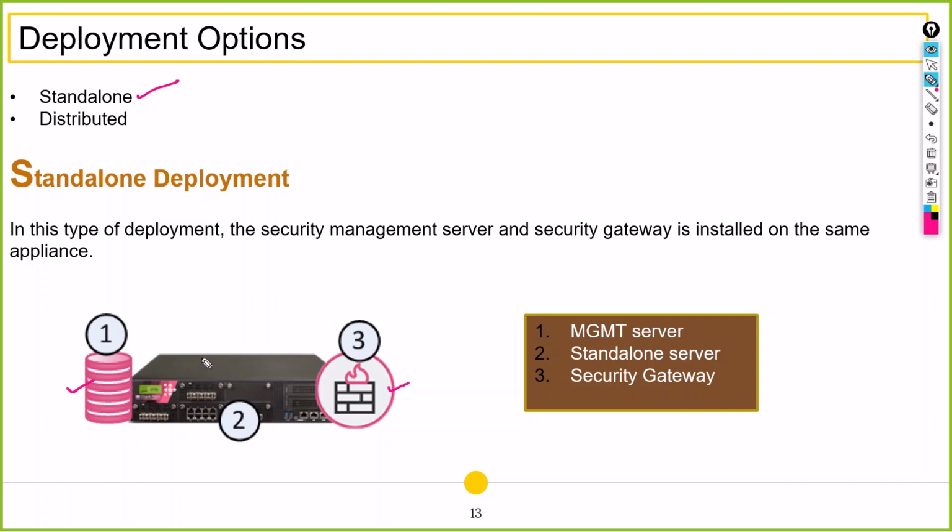So you have a single device running both things on the same box. To be honest, I have never seen this in my entire career. Both things being deployed on a single device.